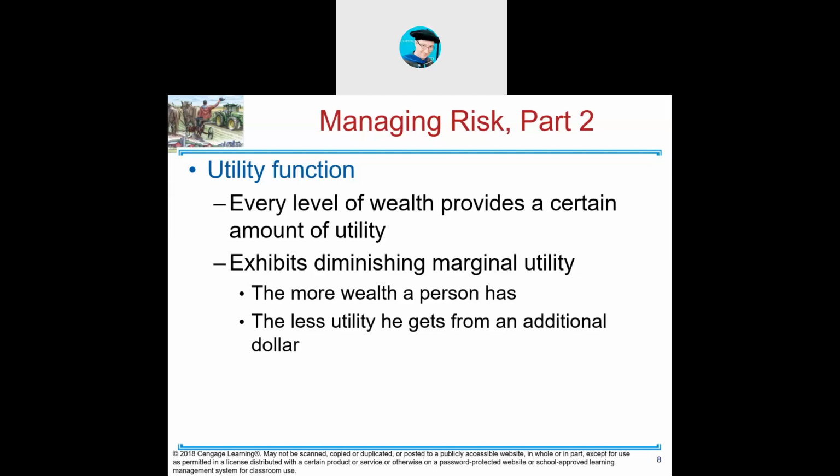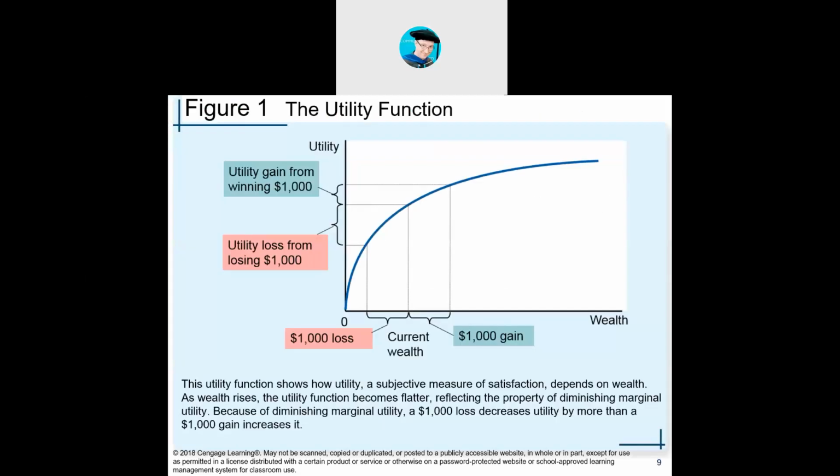Why is that? There's less usefulness with additional wealth if you're already wealthy. Makes sense. And so this is kind of what this represents. This is the utility curve. The utility curve shows us the level of satisfaction with wealth over time.